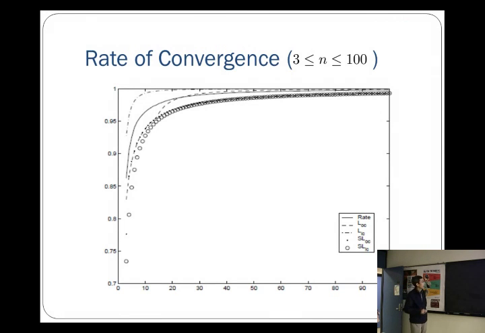So this solid line is the rate of convergence. Remember, the closer to 1, the slower the rate. Now look at what happens when n equals about 32. This value is already about 0.9912, very close to 1.